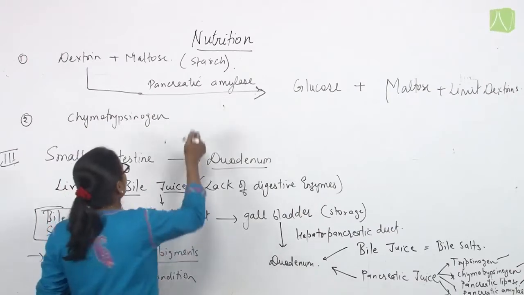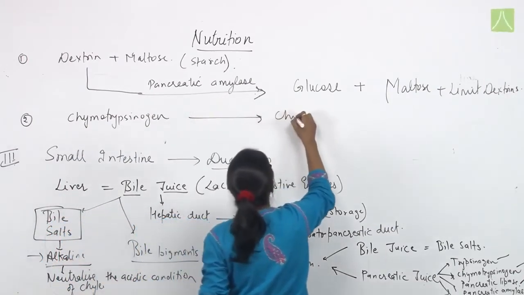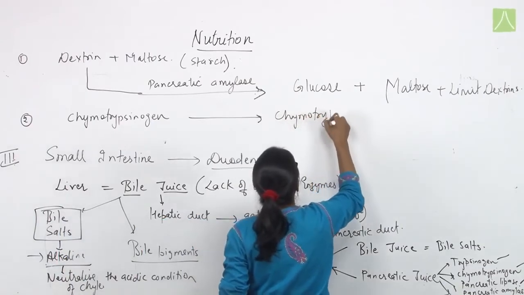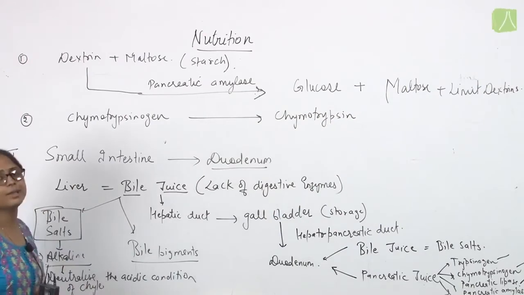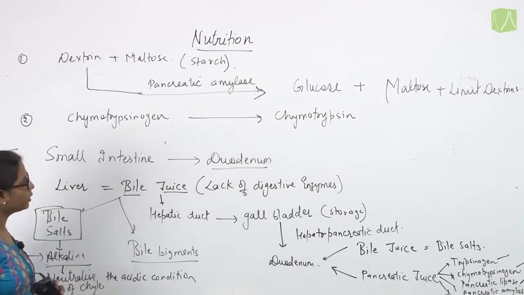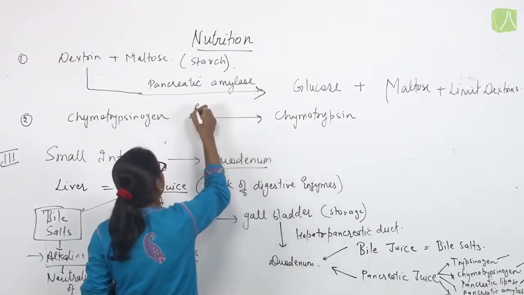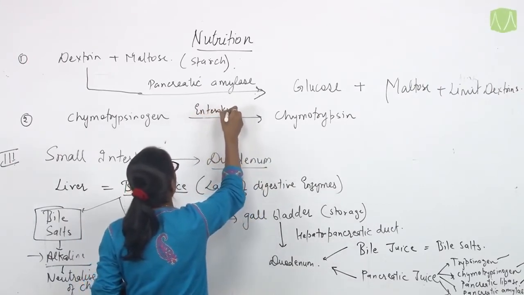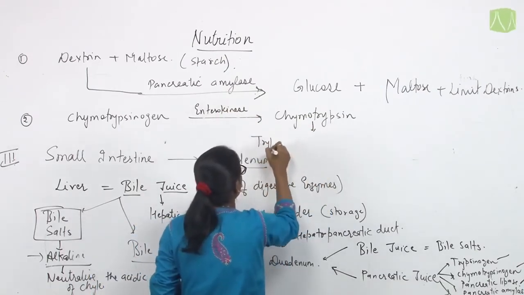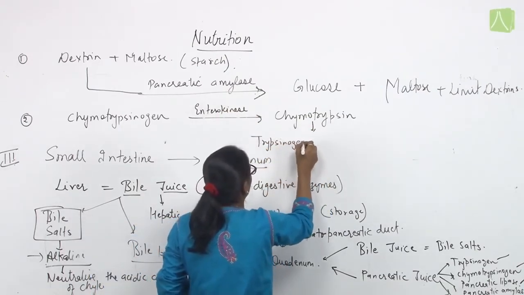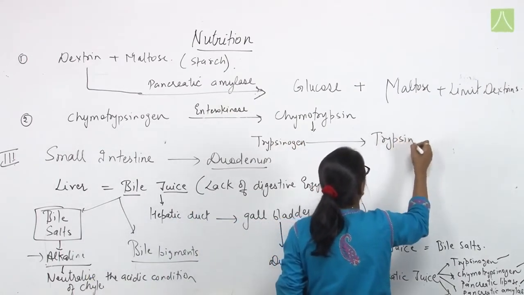Trypsinogen first will be converted into its active form by the enzyme known as enterokinase, and this trypsin will then act on chymotrypsinogen and convert it into its active form known as chymotrypsin.